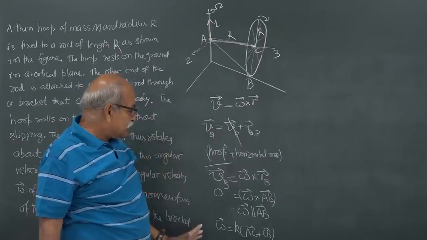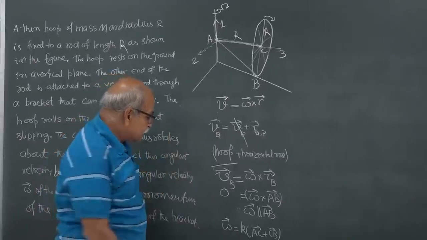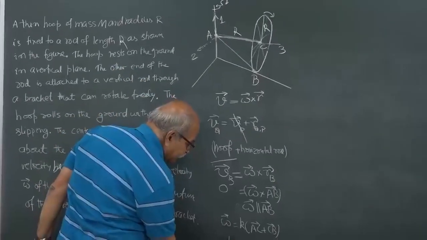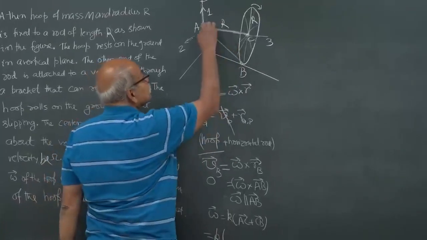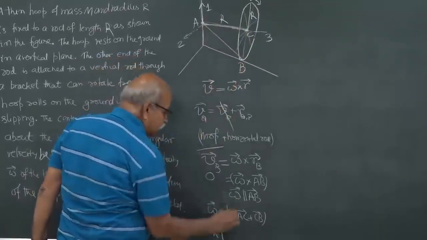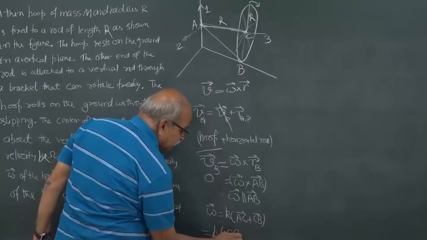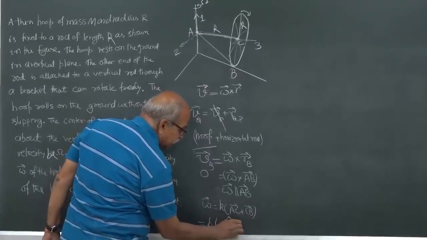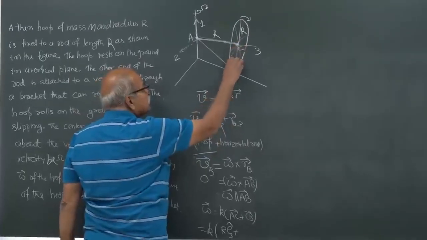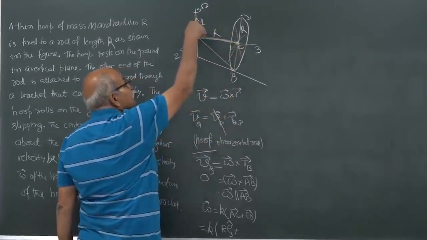So, in this principal axis system, let me write K, and AC is R E3 cap, plus CB is R and then minus E1 cap.